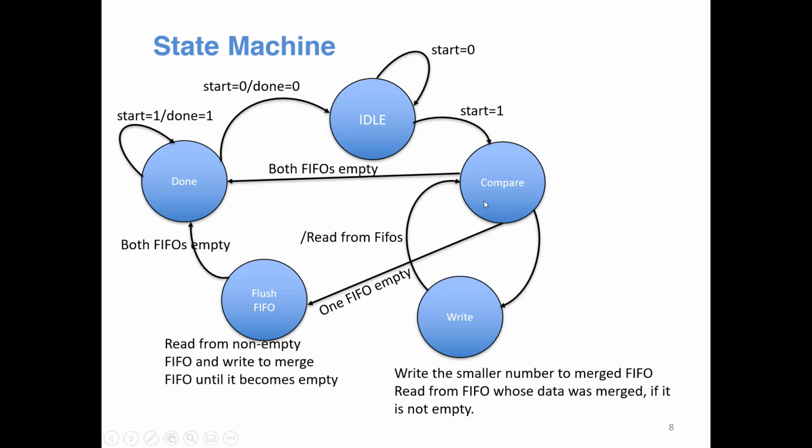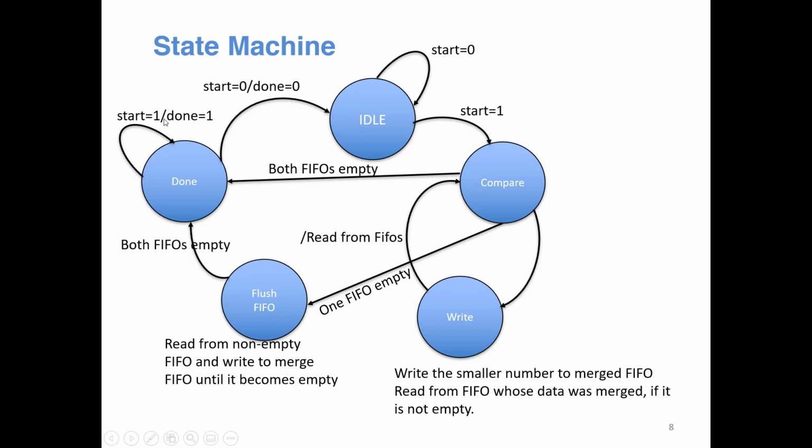This operation keeps continuing until either both FIFOs become empty or one of the FIFOs becomes empty. If both of them are empty, we will directly go to the done state, and we will make the done signal high here and remain in this state as long as the start signal remains 1.